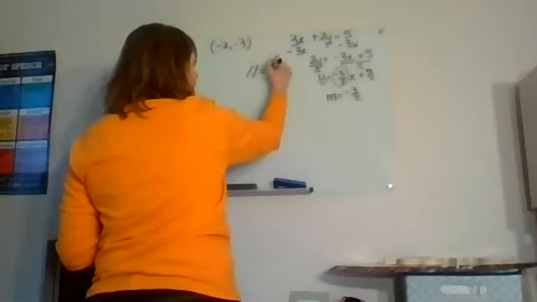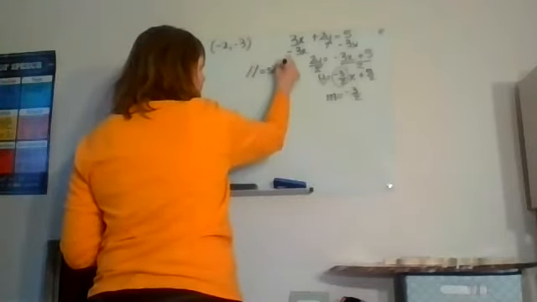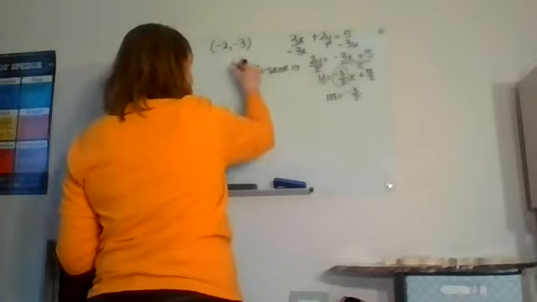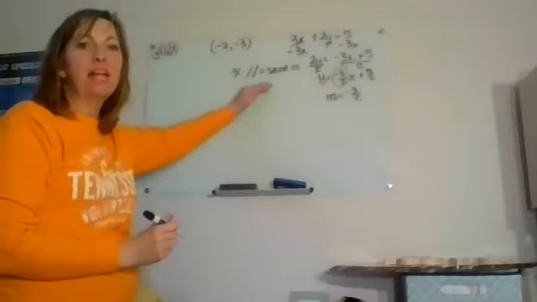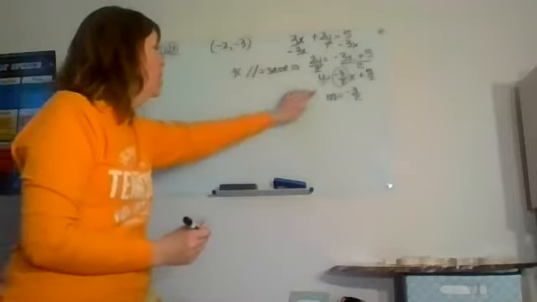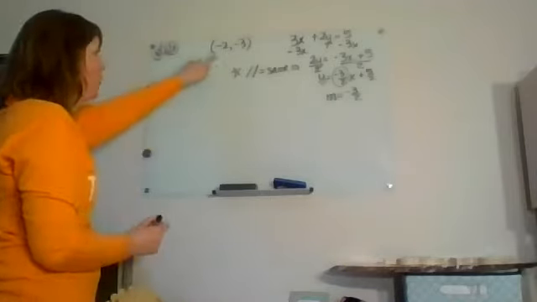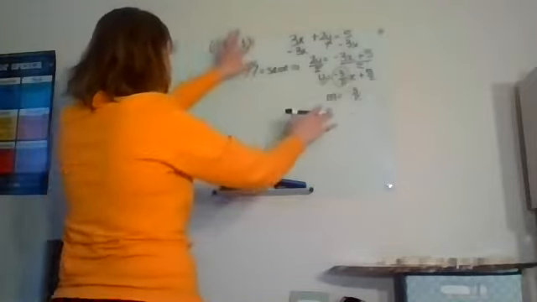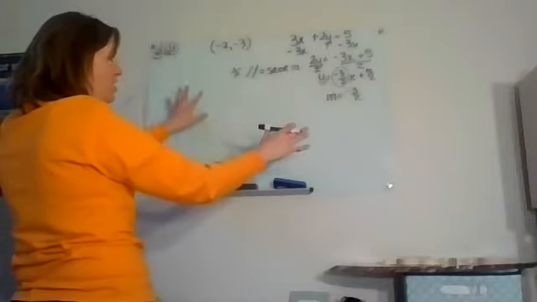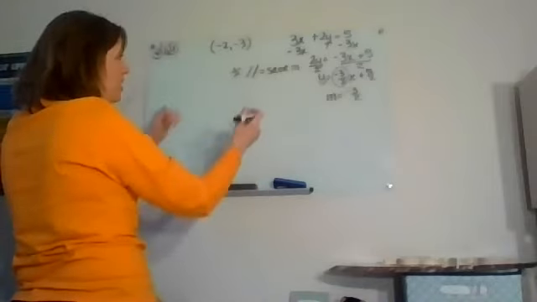Parallel lines have the same slope, right? That's a key fact we want to make sure we don't forget. Parallel lines have the same slope. So I'm going to bring over my slope and my point. So this is one line, and I need another line equation that will be parallel to it.